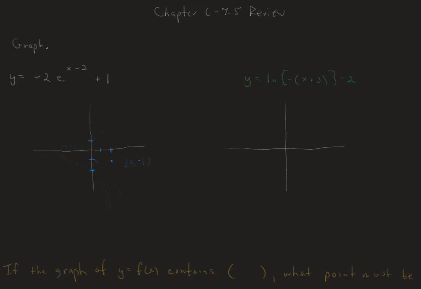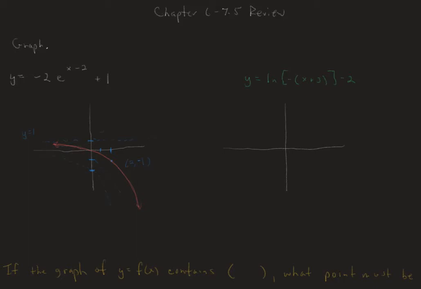Right 2 doesn't make any difference, but moving it up 1 is going to make it now be at y equals 1, and our curve is going to be that reflected and stretched exponential growth curve. So it's going to be what we see in the red there.